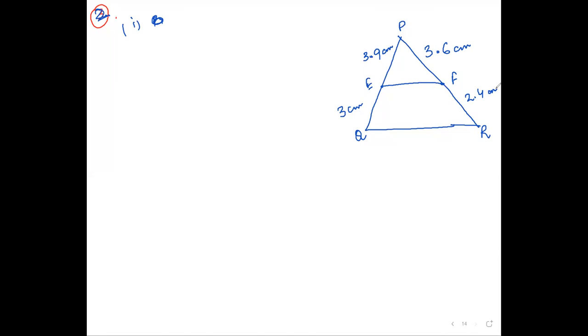Thales theorem. So I'll try to show that the sides are in proportion, and if they are in proportion, the lines are parallel. Basically, this is the converse of Thales theorem, not the Thales theorem.